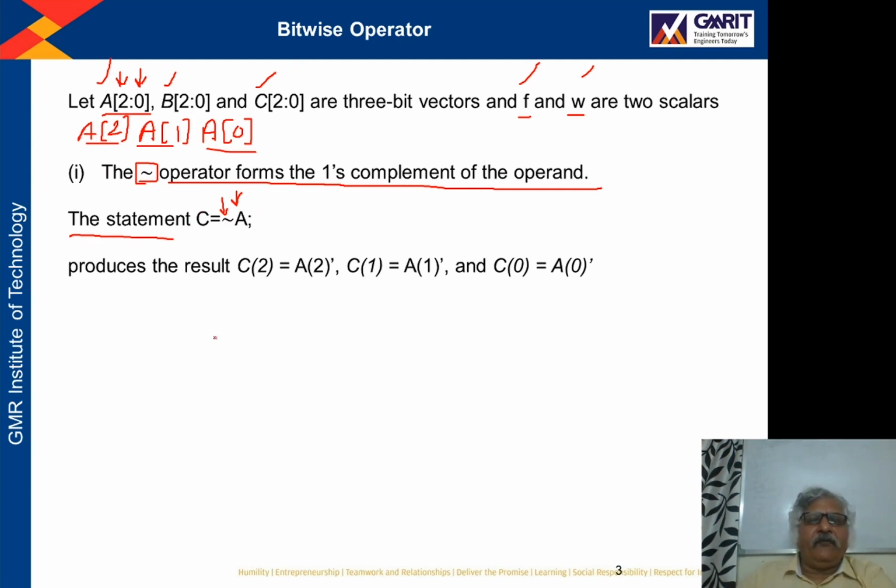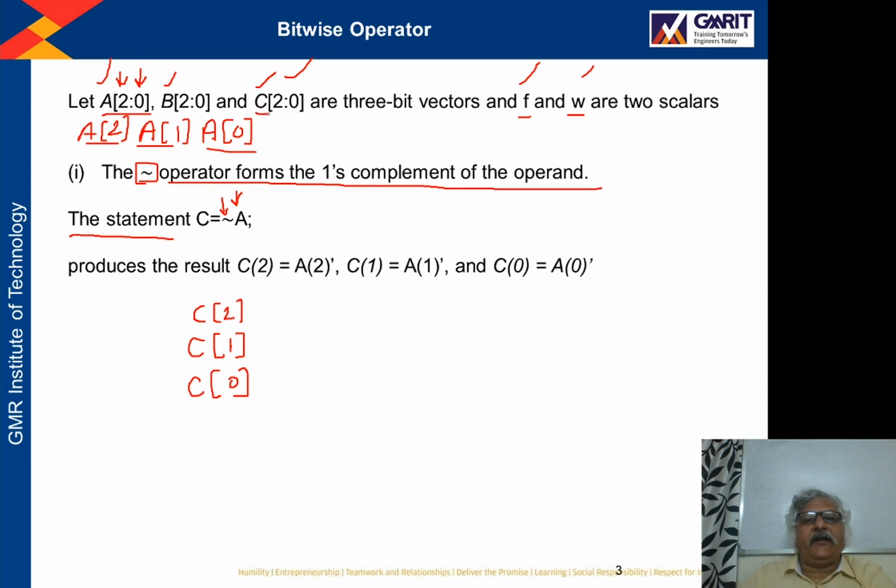C is also a 3-bit number, so let us assume we have C2, C1, C0.